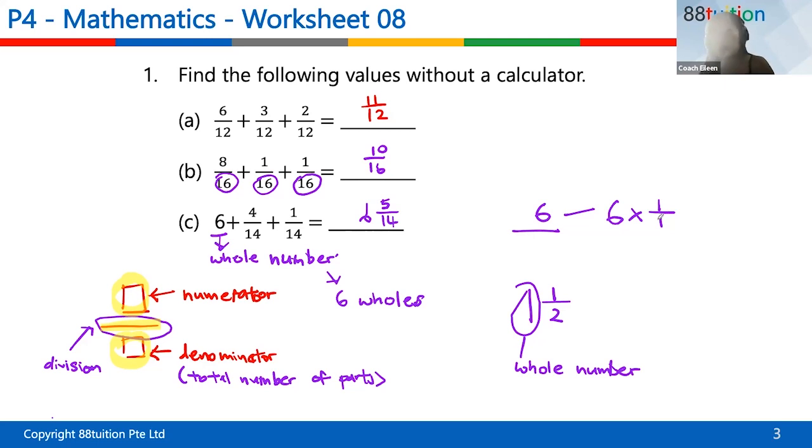How can I make it into 1 whole? If my total number of parts is 14, 1 whole is the same as 14/14. Understand? Because 14 divided by 14 gives you 1, right? And 14 is my total number of parts in the question. Do you understand?